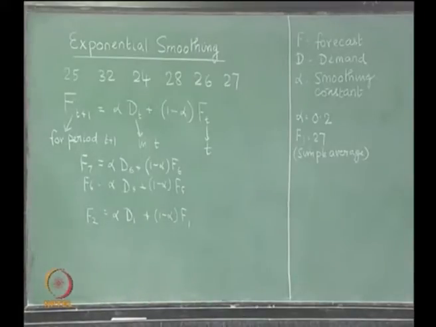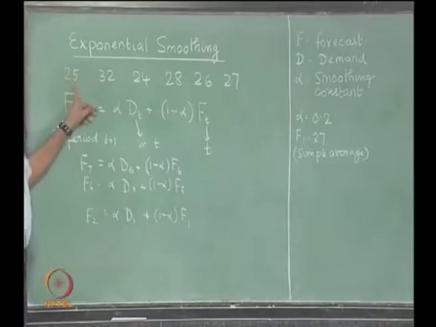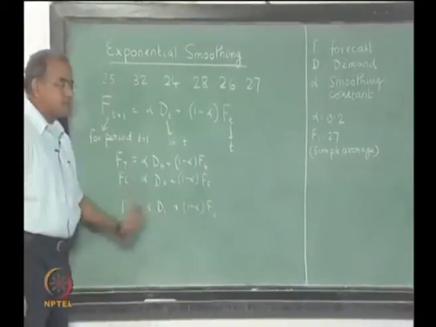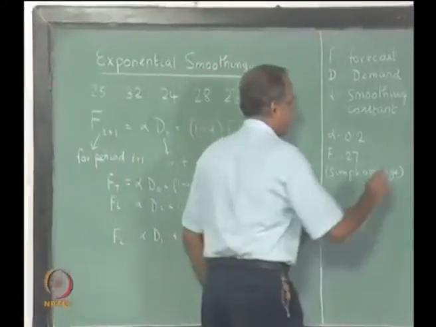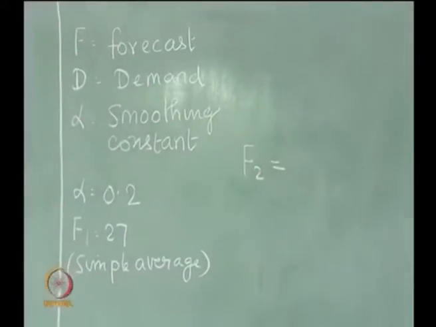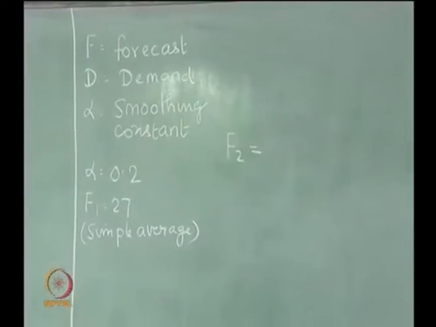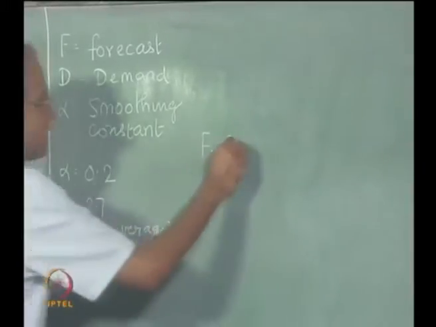If we use F1 is 27, D1 is 25, alpha is 0.2 and calculate, we will get F2, so F2 becomes 26.6.